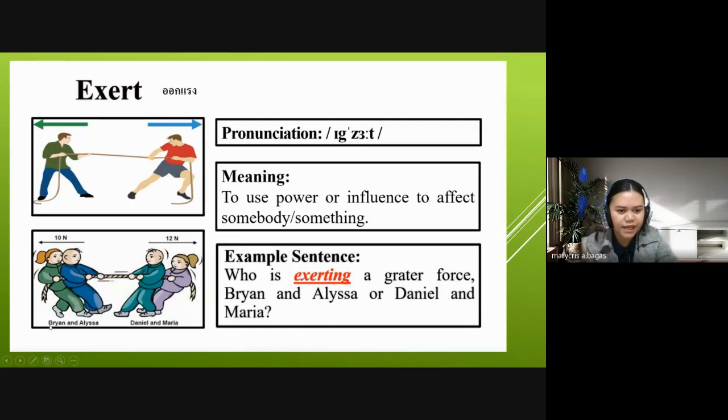On the left side you can see Brian and Alisa. On the right side you can see Daniel and Maria. Brian and Alisa exert 10 Newtons, and Daniel and Maria exert 12 Newtons. So who exerts greater force?